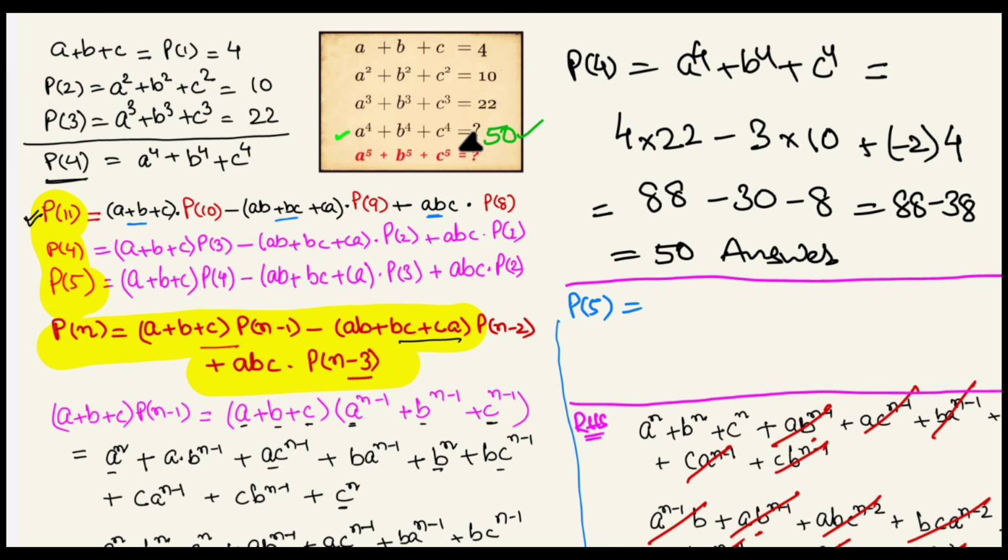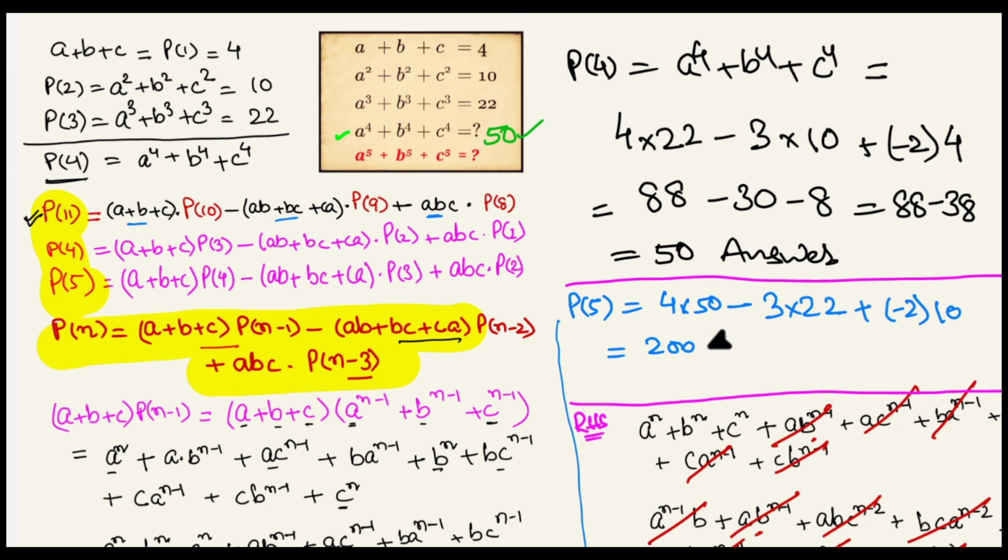P5, which is a^5 + b^5 + c^5, is (a + b + c) into P4. a + b + c is 4, into P4 we have calculated as 50, minus (ab + bc + ca) into P3. ab + bc + ca is 3, into P3, which is a³ + b³ + c³, is 22, plus abc, which is -2, into P2, which is 10, a² + b² + c². So what will we get?